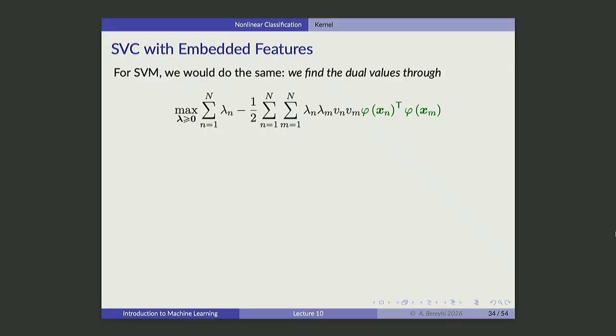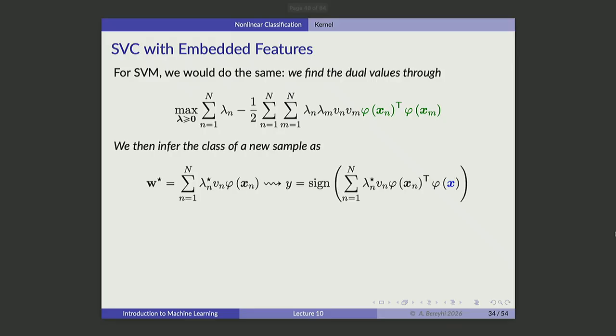And for classification, I write down the linear model in this form: the superposition of the support features, and then this is inner producted with the embedding of the new data point.